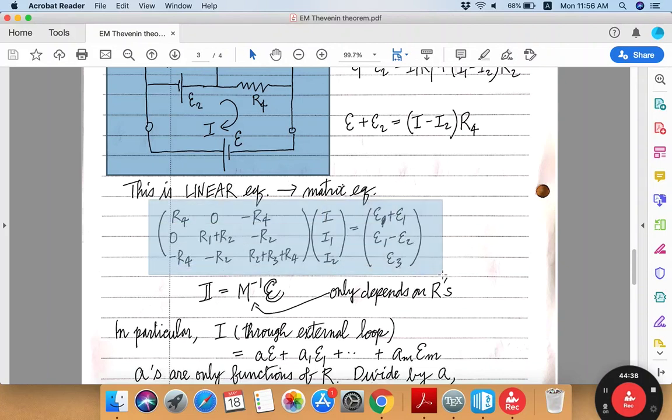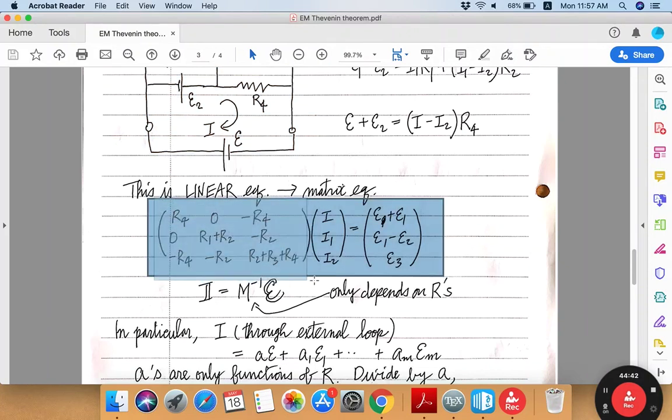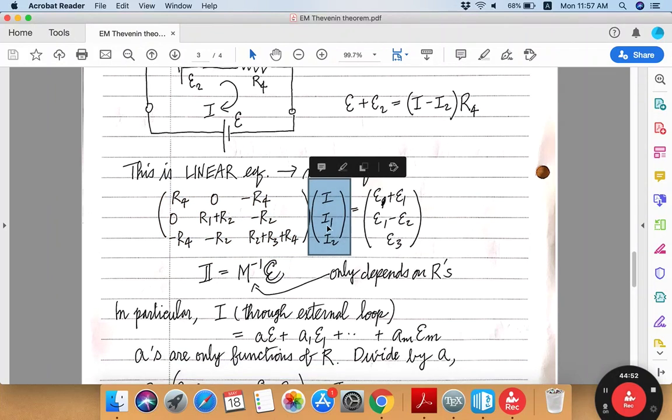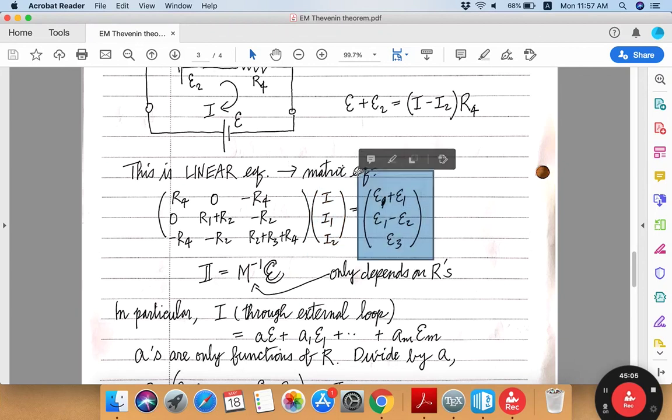This general structure of the resistance matrix, consisting entirely of the values of the resistance and nothing else, acting on the current vector, consisting of the values of the loop current, equaling the EMF vector consisting only of all the EMF values, can never be violated in any electrical network problem consisting only of voltage sources and resistances and nothing else.